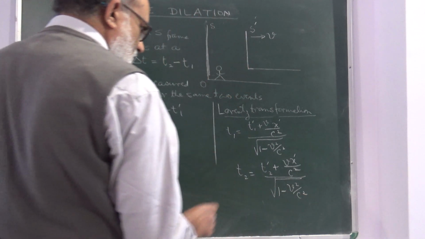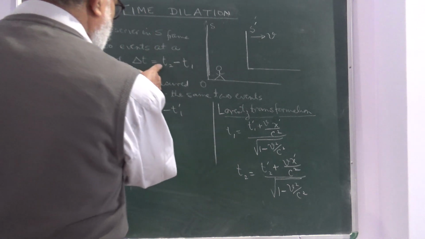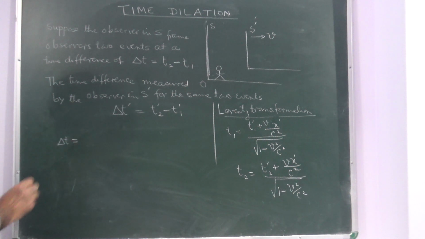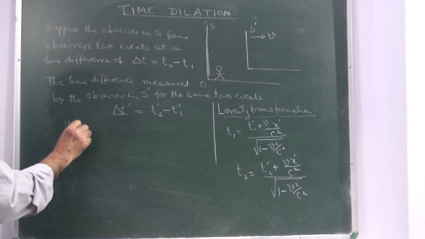Now substitute these Lorentz transformation values here. So this delta t using Lorentz transformation.